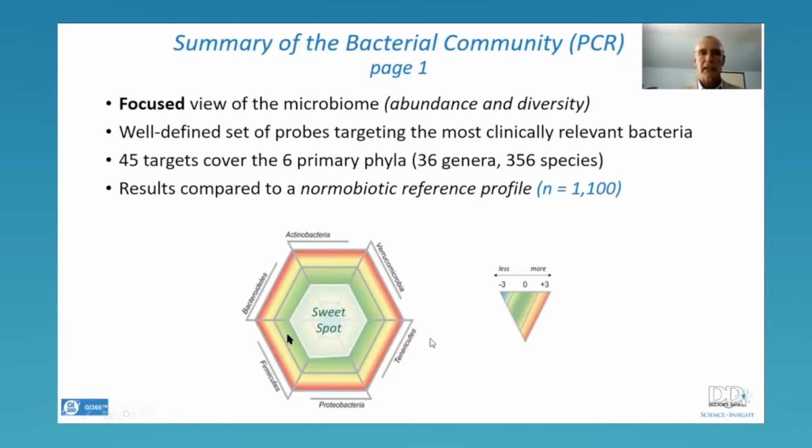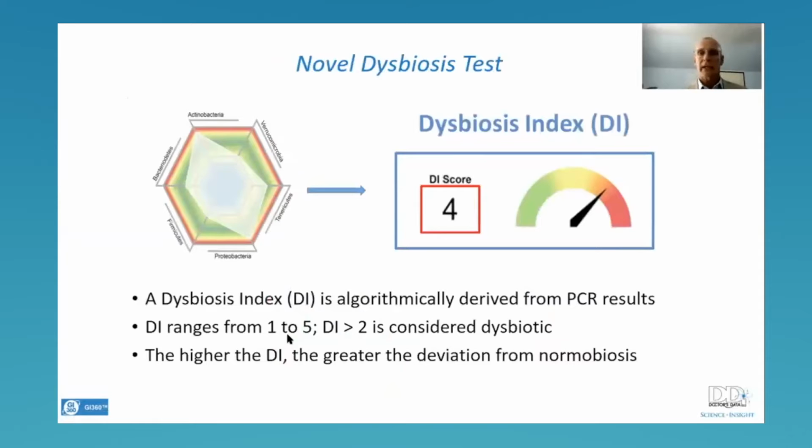So if you look at the key, the green zone is 0 deviations from normal biosis, well, 1 standard deviation high, 2 standard deviations high, 3 high, and likewise towards the center. So we're basing everything on a very large normal biotic reference population. Now, from that PCR data, we can algorithmically derive a dysbiosis index that has been highly validated in several publications.